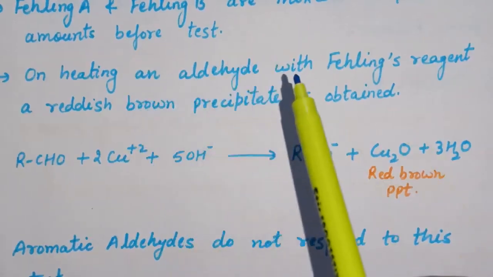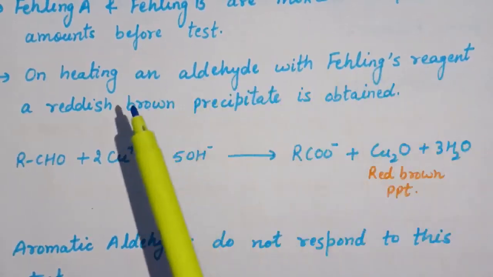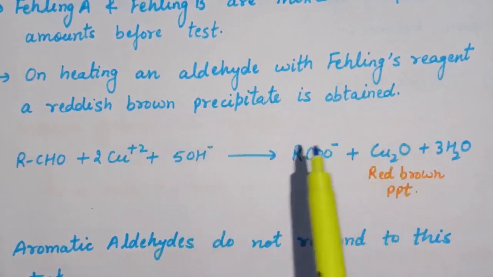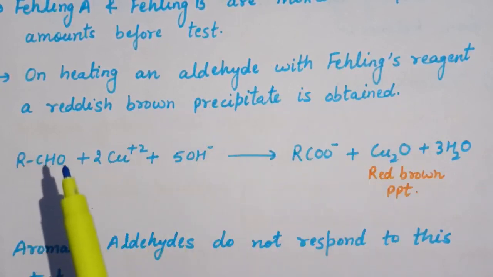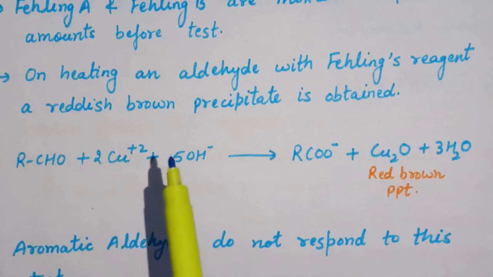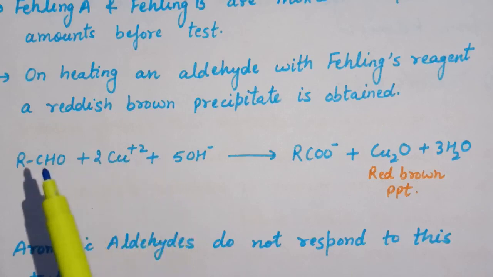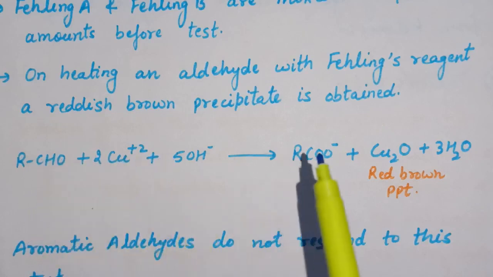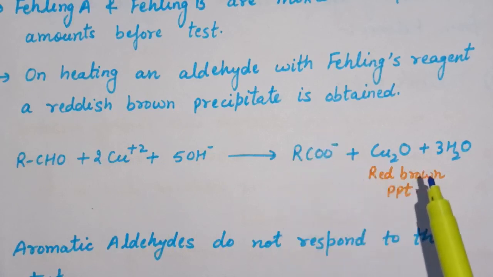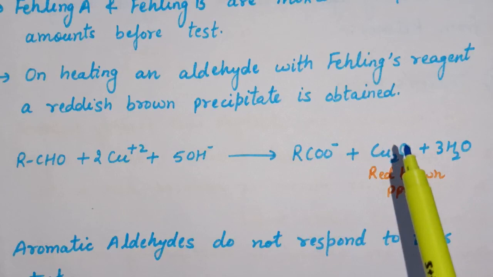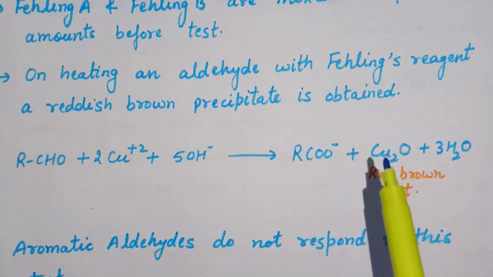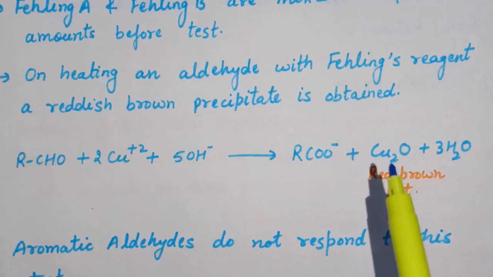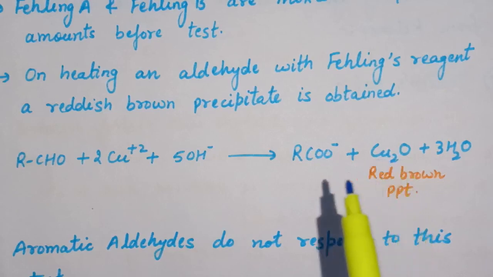On heating an aldehyde with Fehling's reagent, a reddish brown precipitate is obtained. Here is the reaction: RCHO converts to COO negative carboxylate ion, and a red brown precipitate of Cu2O is formed, which confirms that an aldehyde group is present in the reaction mixture.